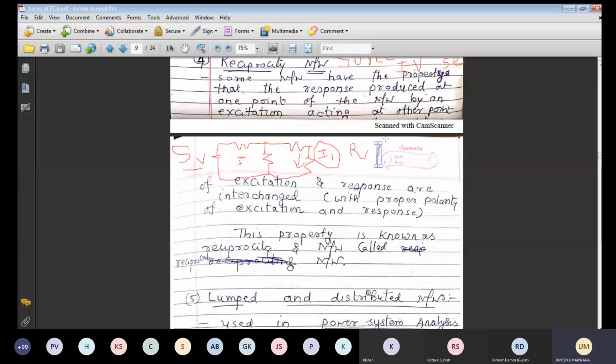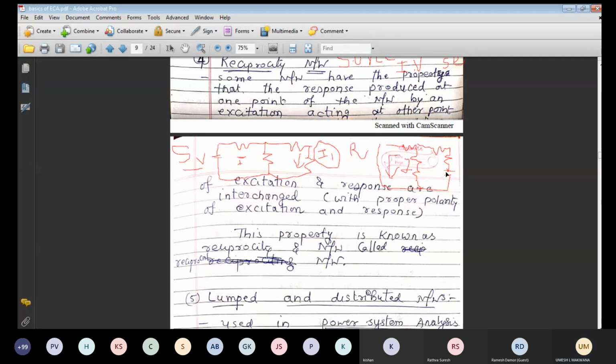Suppose I remove this voltage from this position, and I draw the circuit again by changing the position of source and response. I am connecting the supply here and finding the response current I1 in this branch.